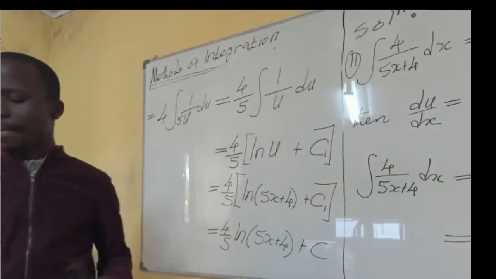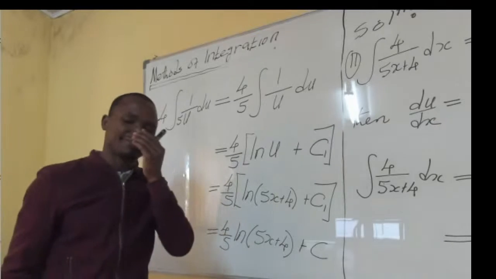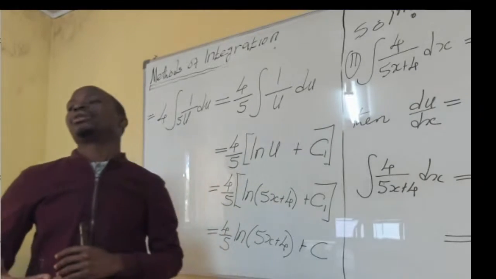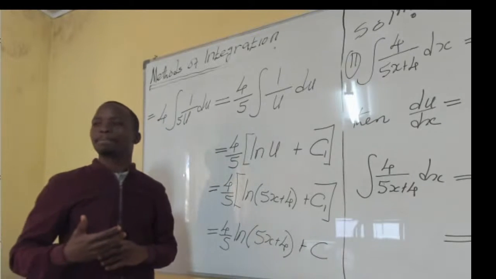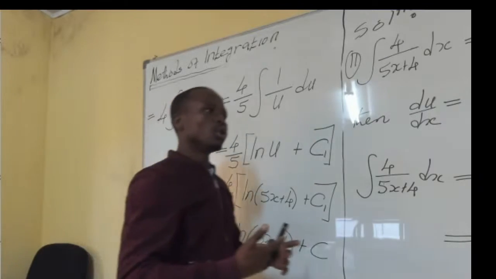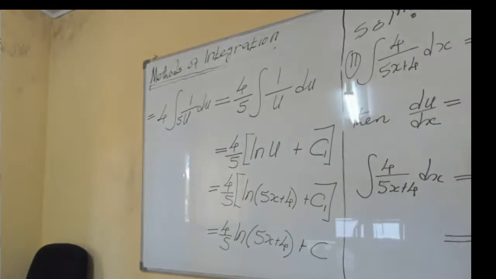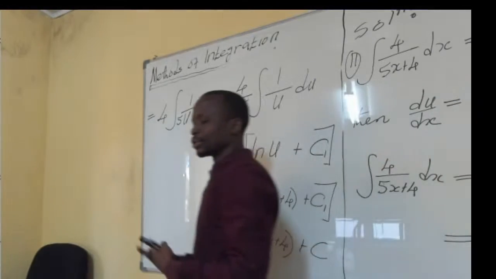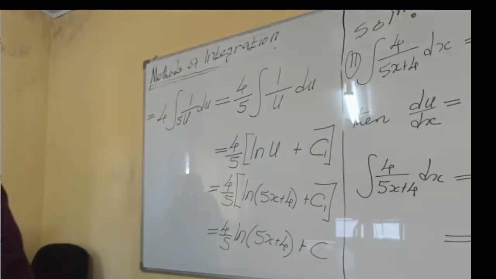Then what you have done, you have integrated that function using the substitution method. So your choice of the variable u is when you are changing the variable of integration. The substitution method is all about changing the variable of integration.